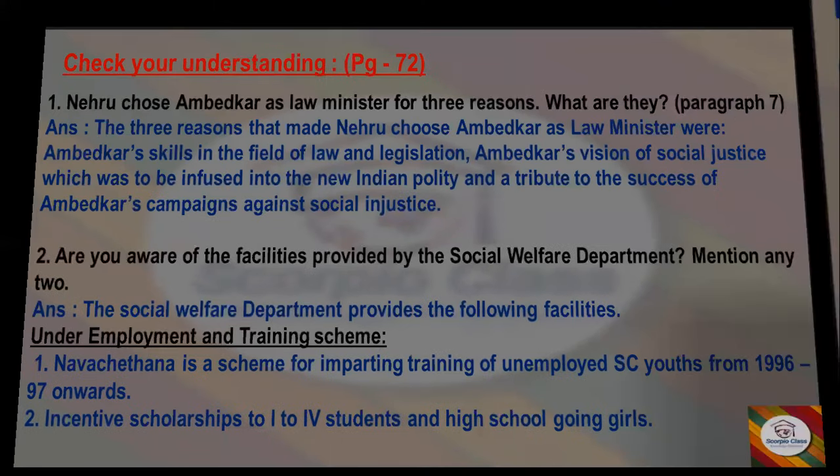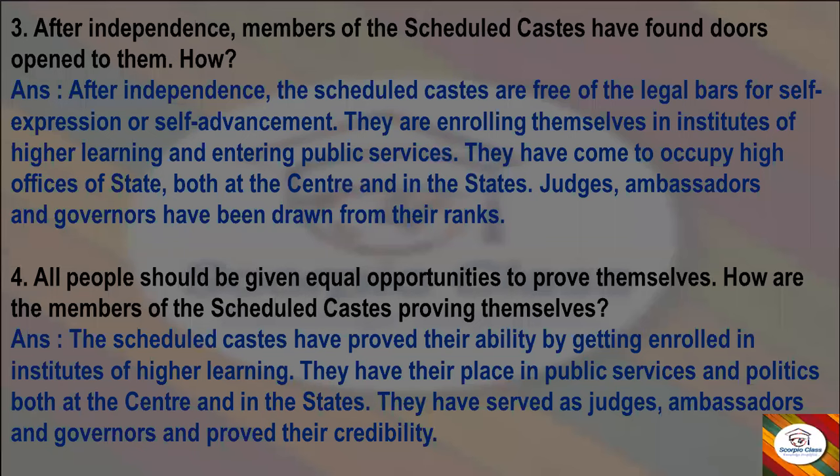Next question. After independence, members of the scheduled castes have found doors opened to them. How? Answer: after independence, the scheduled castes are free of the legal bars for self expression or self advancement.